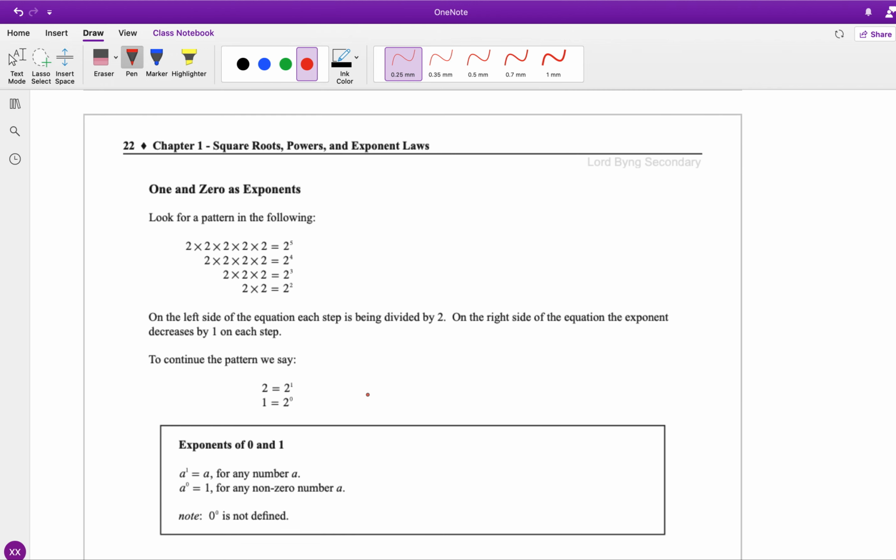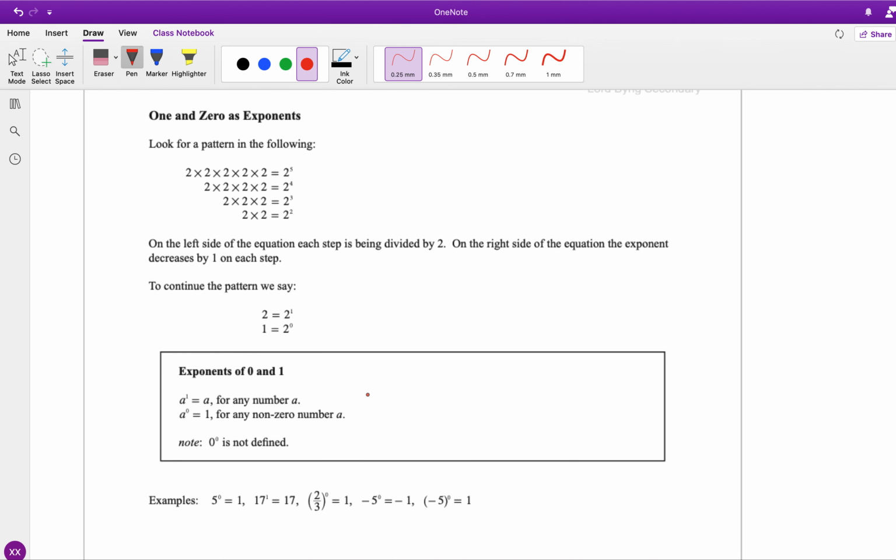Now, the next part of the section talks about the exponent of 0 and 1. The exponent of 1 is easy to understand because a to the power of 1 means a just multiplied by itself, or not even multiplied by itself. There's nothing to multiply. It's just A all by itself.